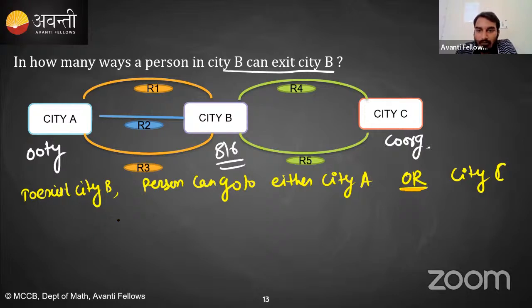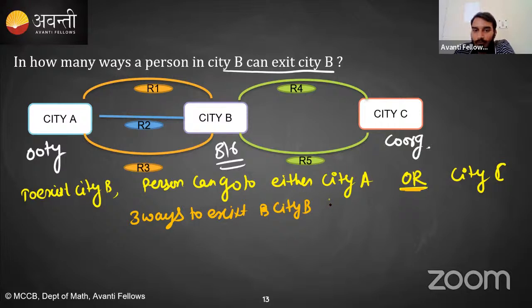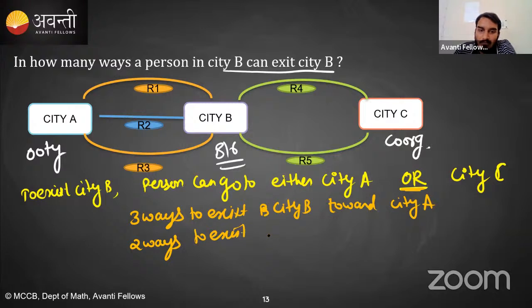So how many ways from city B to city A? Now there are three ways to exit city B towards city A, yes or no? Similarly, there are two ways to exit city B towards city C. Clear?